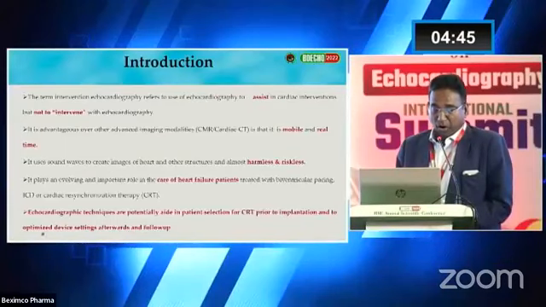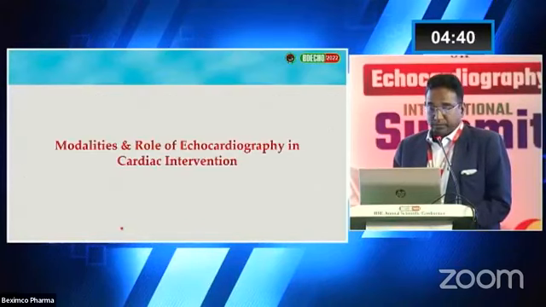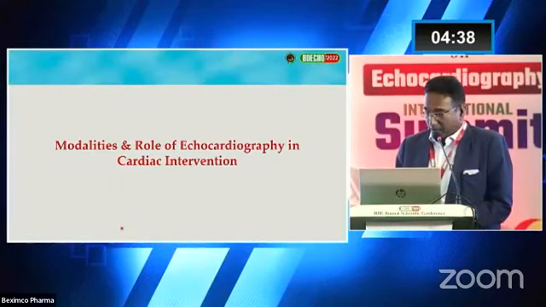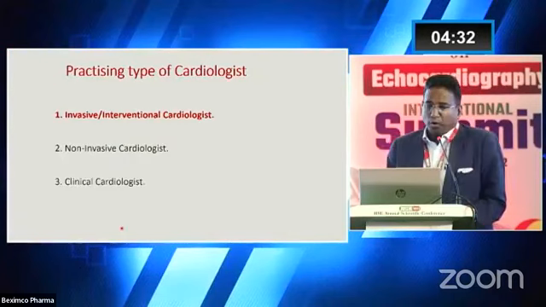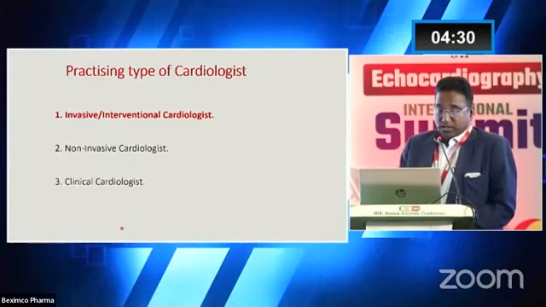and optimization after. What can we use to select and optimize before and after? It is in non-invasive and interventional cardiology.